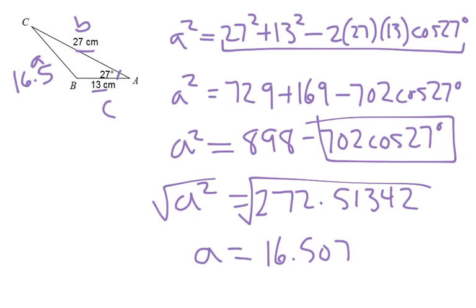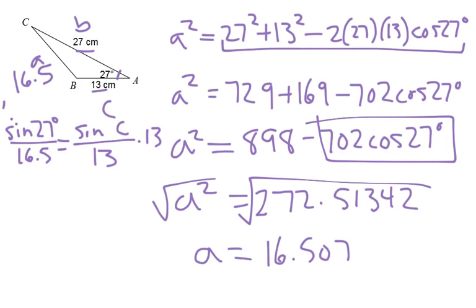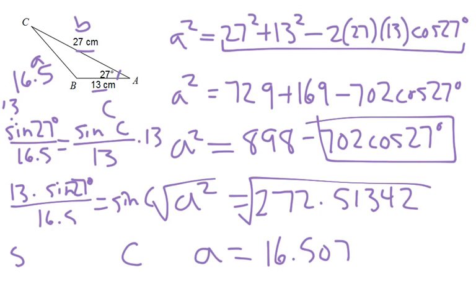Now we can use the law of sines. So I'd go the sine of 27 degrees over 16.5 is equal to, let's go for angle C this time, sine of angle C over 13. So we times both sides by 13. So we get 13 times the sine of 27 degrees over 16.5 equals the sine of C. And then to find C, we take the inverse sine of that whole thing. Okay?